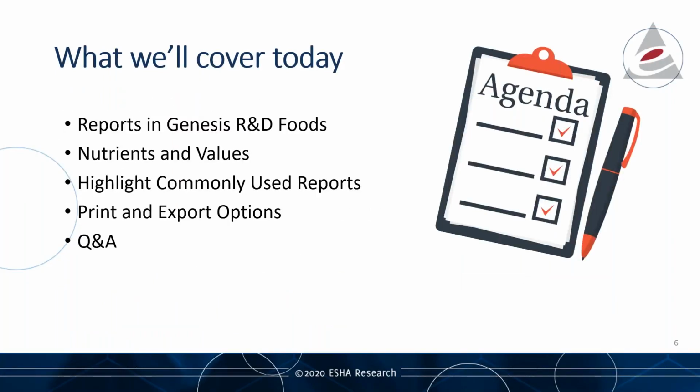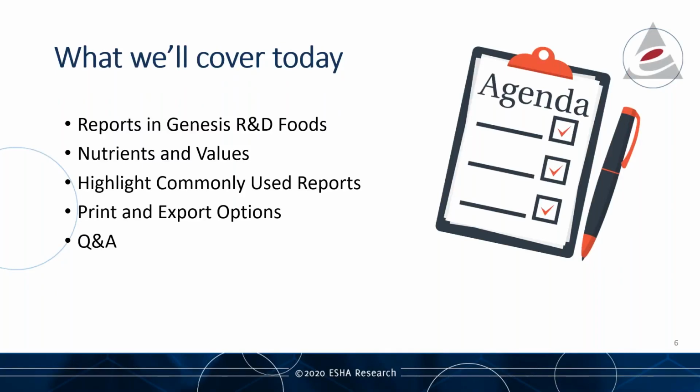What we're covering today, again, is the reports in Genesis R&D Foods. So I'll go over an overview of most of the reports that we have in the software. I'm going to talk about the nutrients and the values that you may see and how to work with those values, some of the considerations that you might want to make when you're choosing to report nutrients, and the amount of precision or detail for values.